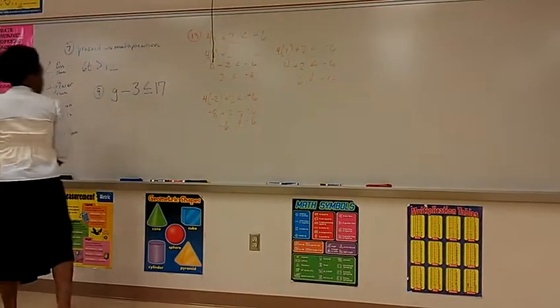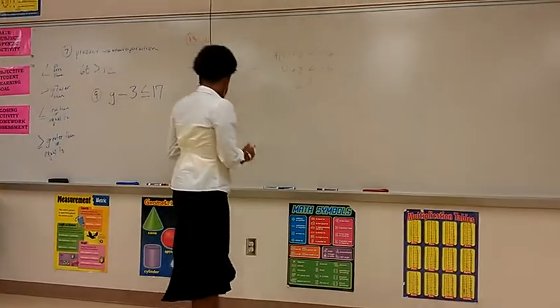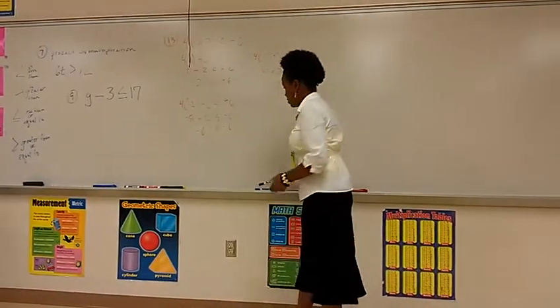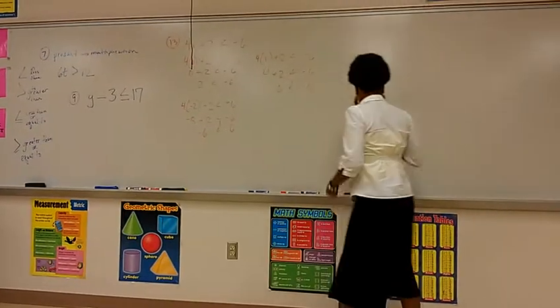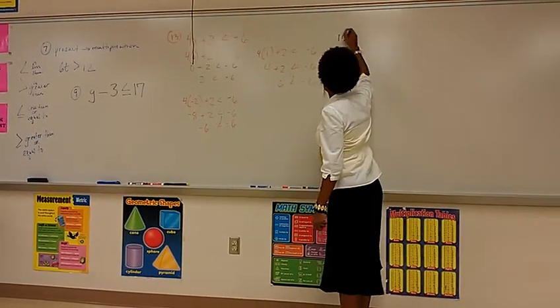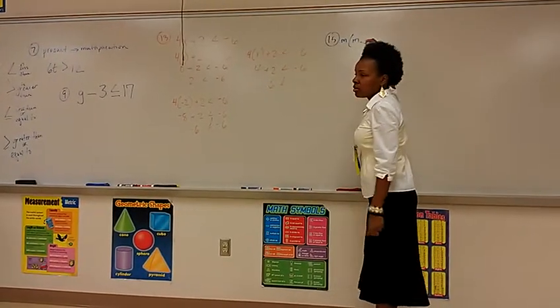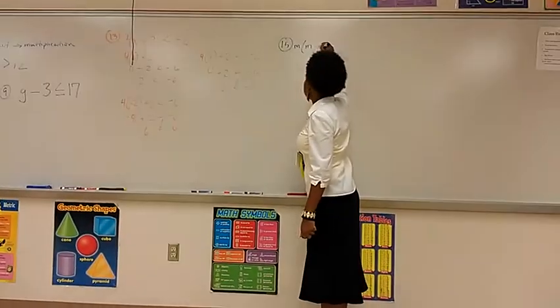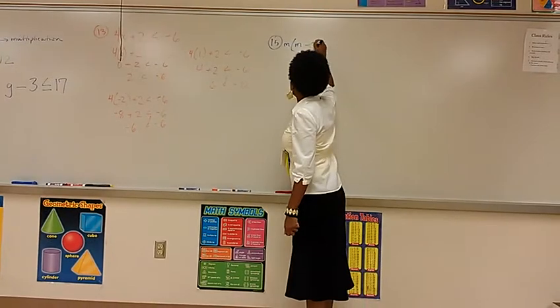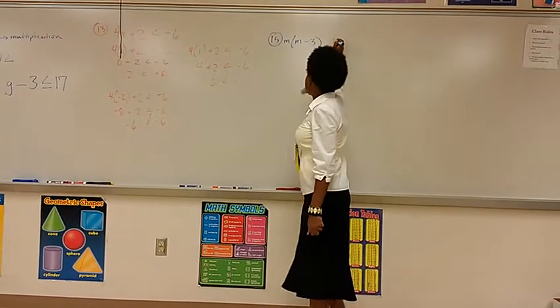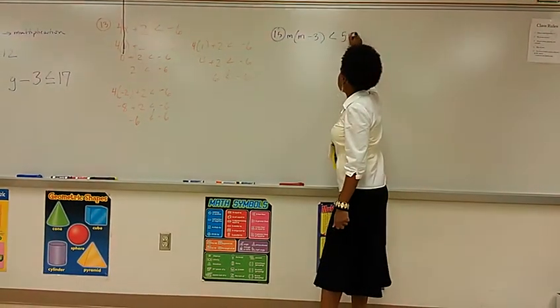Alright, last one I'm going to do is number 15. What does it say? M times the quantity M minus 3.